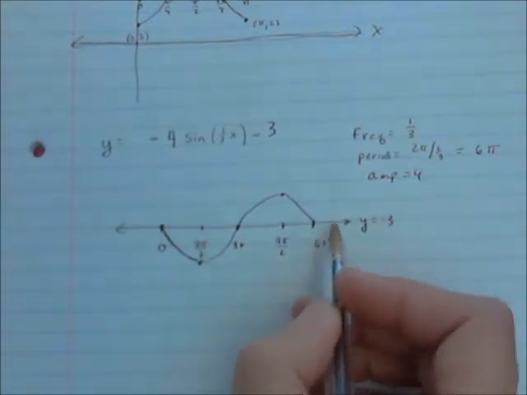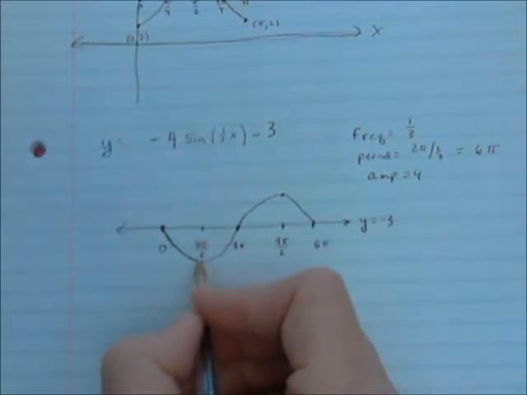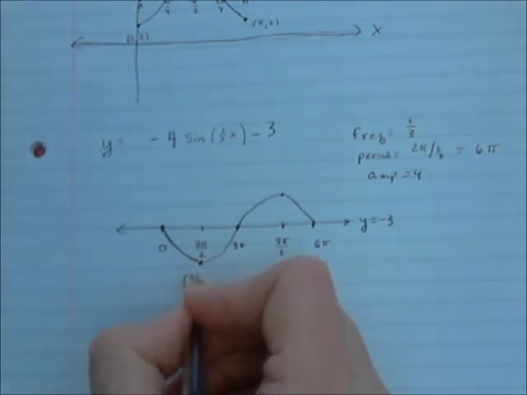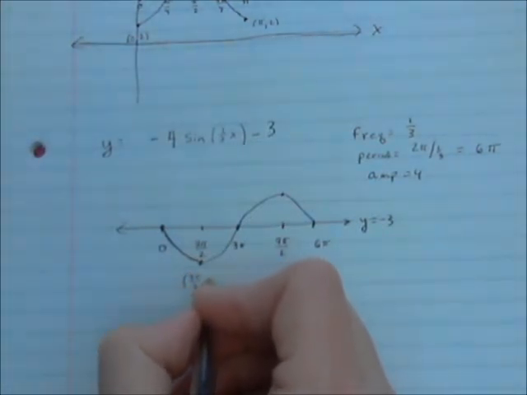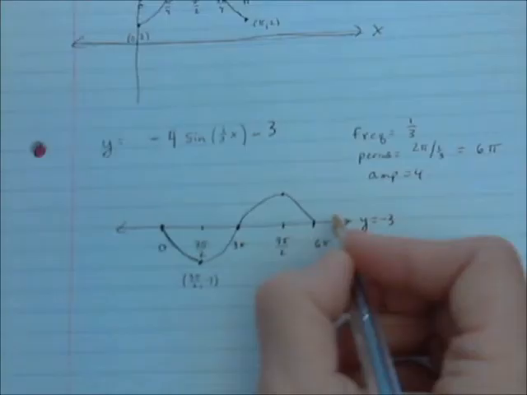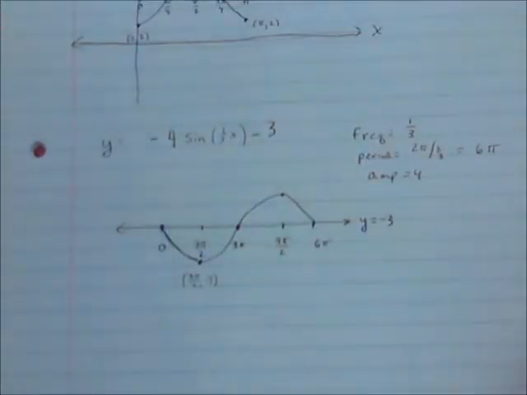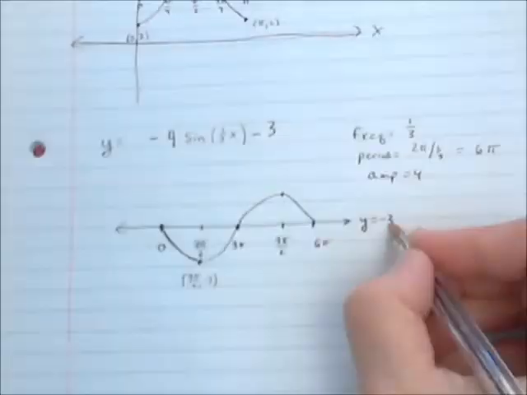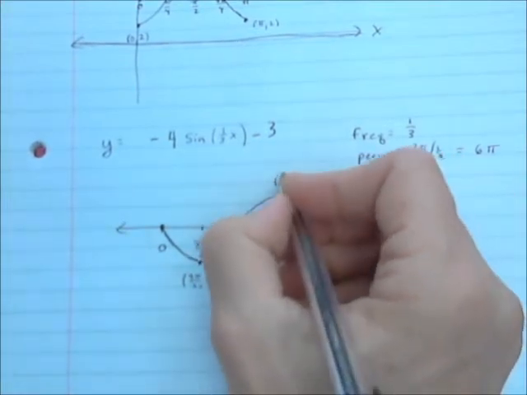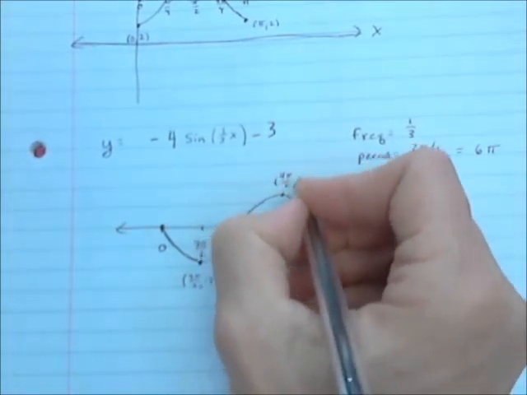So if I start at -3 and subtract 4, we're going to get -7. So this particular point has coordinates 3 pi over 2, -7. All these are the y values of -3. And this point right here is -3 plus 4, which is 1. So this point over here would be 9 pi over 2, comma 1.